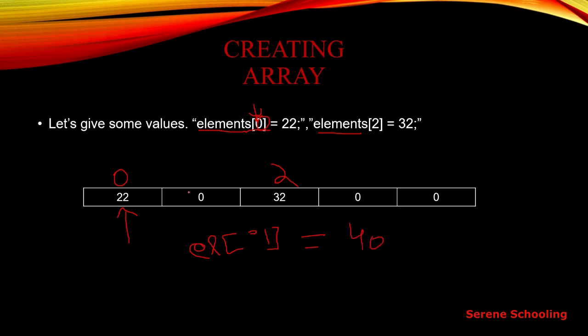So now this value will be 40, and our index is 1. Let me fix it like this. And our third and fourth index is still 0. We can change its value as well by using this statement. You simply have to change the index. The key thing is that index starts at 0. Never forget this. This is the most crucial part of arrays.